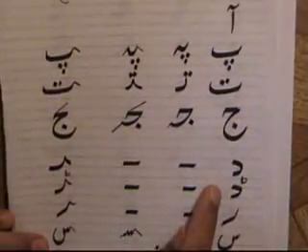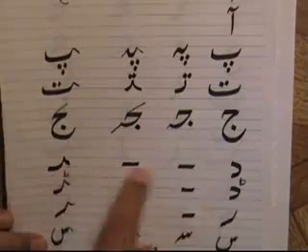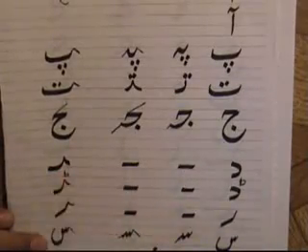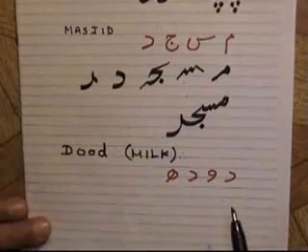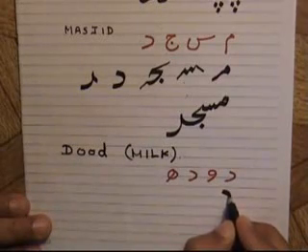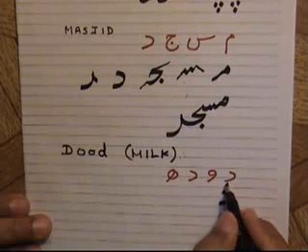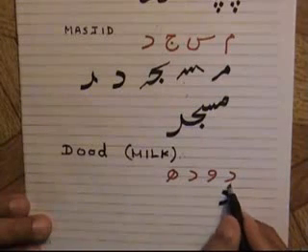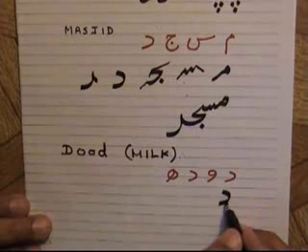Dal is a non-connector, so dal only takes independent position or final position. Therefore, when we write doodh, dal is in the first place, so it cannot be final. We will use dal only in independent position.